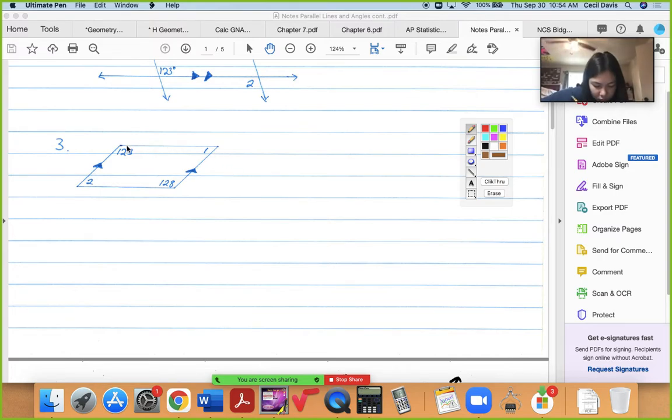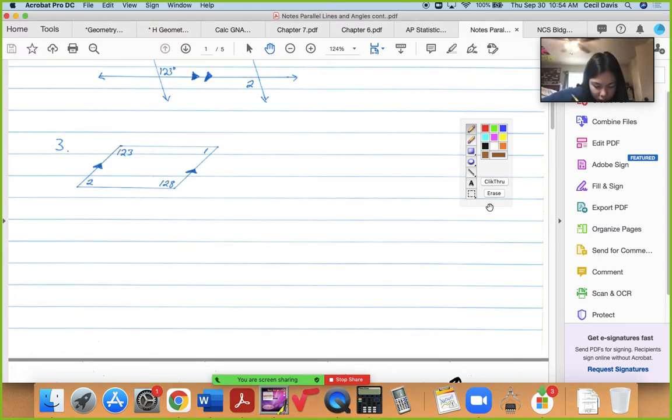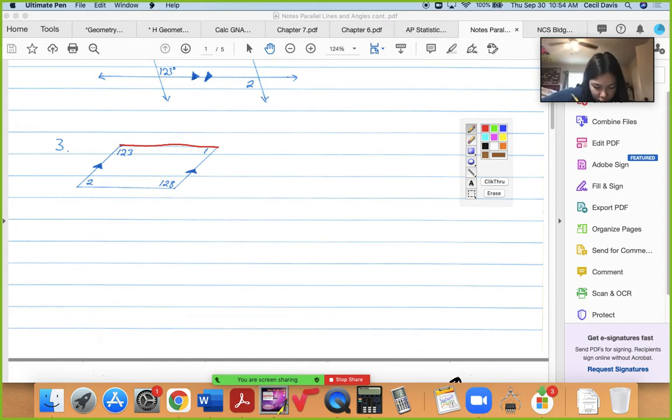The 123. And what type of angles are angle 1 and the 123? Okay, supplementary would be how they're related. The type of angles is same side interior. So yeah, it'd be 180 minus 123 is 57.